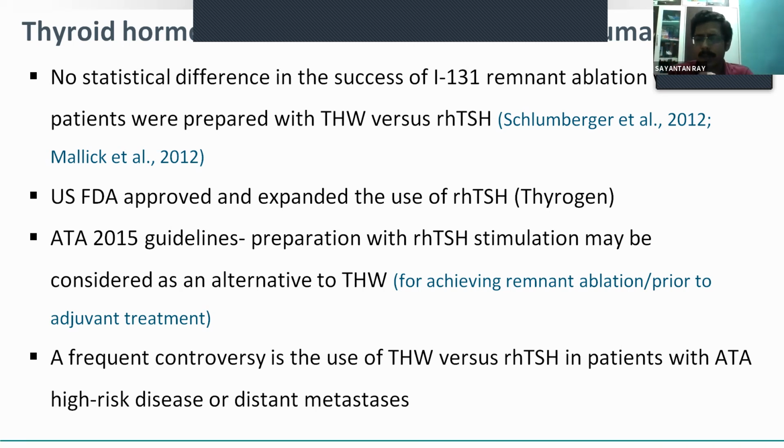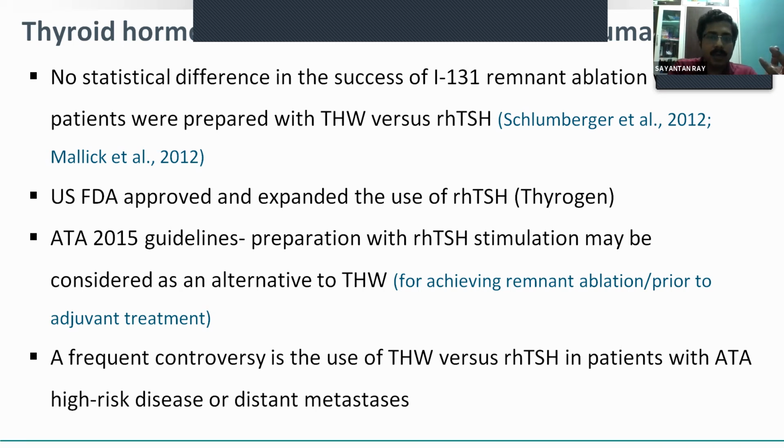Now, these two papers were published at the same time in the New England Journal of Medicine by Schlumberger et al. and Pacini et al. There was no statistical difference in the success of I-131 remnant ablation in patients who were prepared with either thyroid hormone withdrawal vis-a-vis recombinant TSH use.